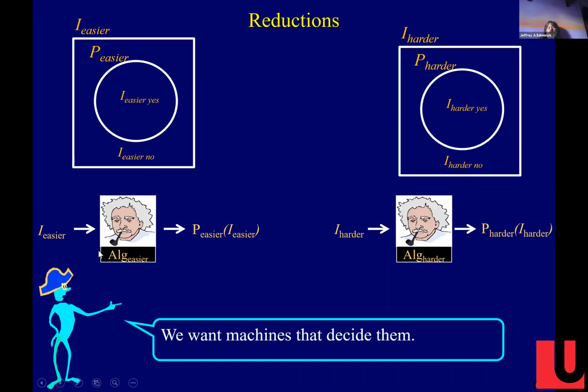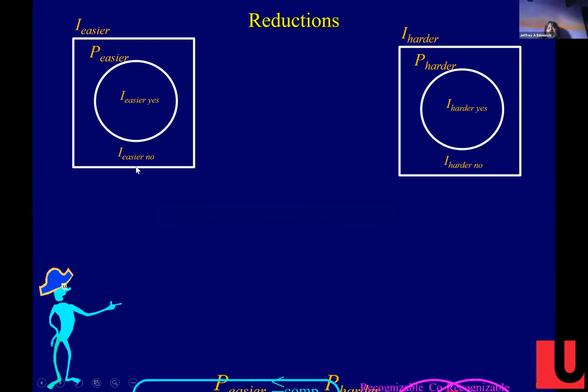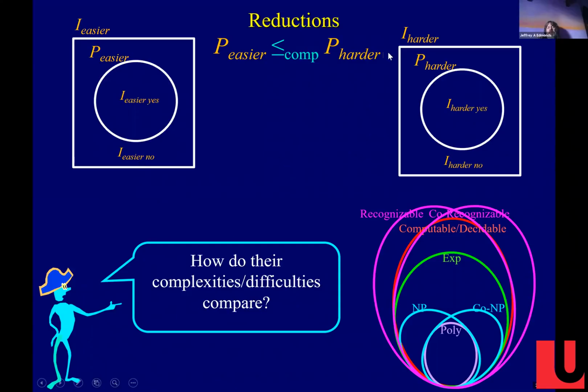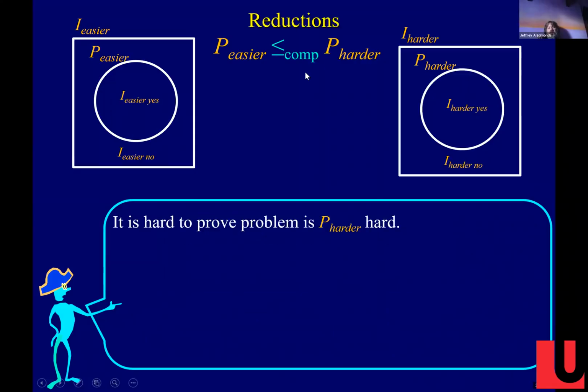What we want to do is come up with an algorithm for the easier problem. We're given an input to the easier problem, and we want to say yes or no, whether the input is a yes instance or a no instance. And that's how we show that one problem is harder than the other.